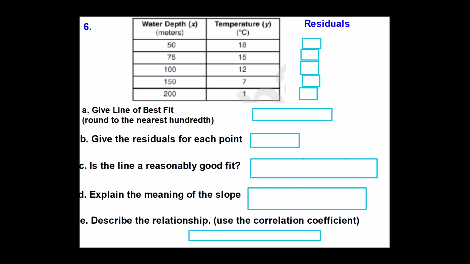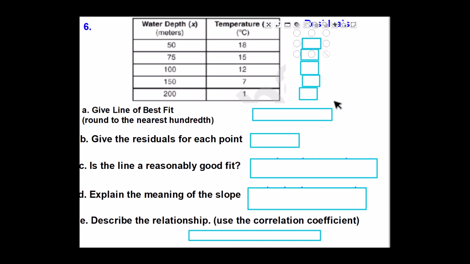Question number 6. Now this is what we put into Desmos for the data. Water depth, we've got a table. Water depth in meters is going to be X, and temperature in Celsius is Y. And we graphed the residuals. Let me see if I can open up Desmos and show you.